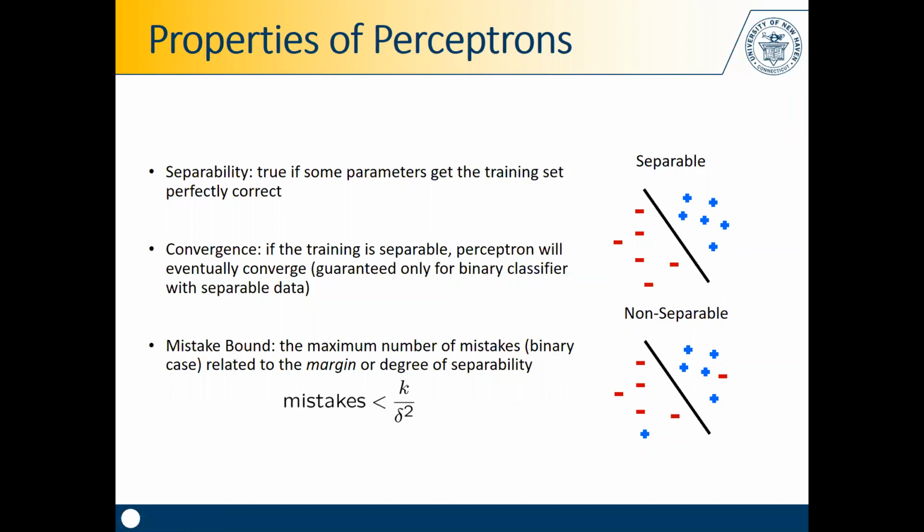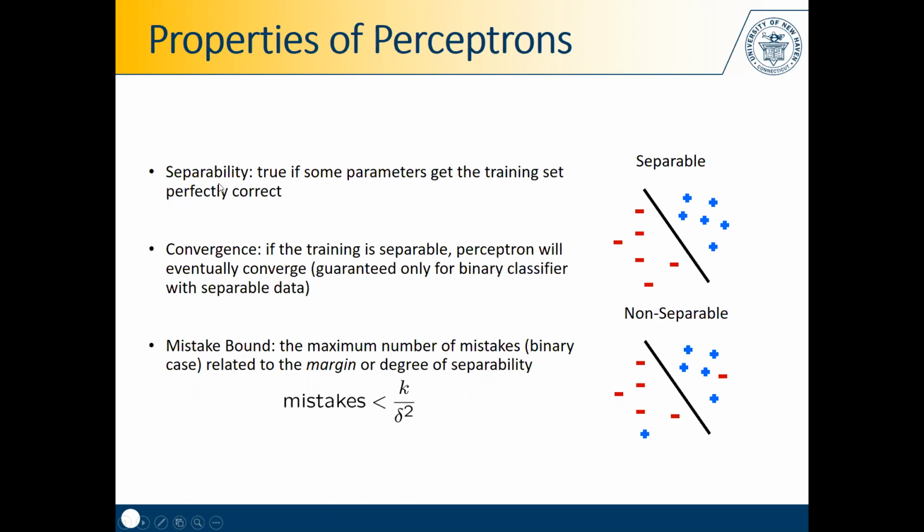Well, actually in practice, separability is very rare. We often have data sets that are like this. It may be impossible for us to find a linear decision boundary that perfectly divides the two classes.